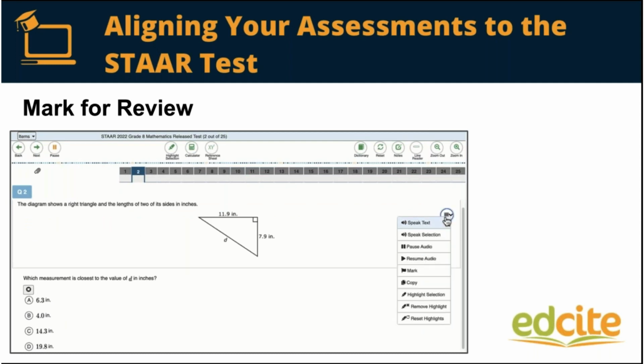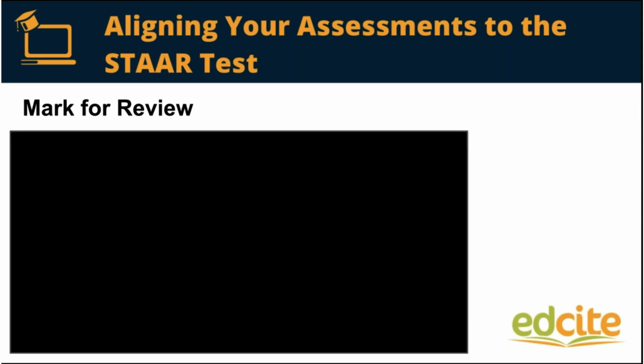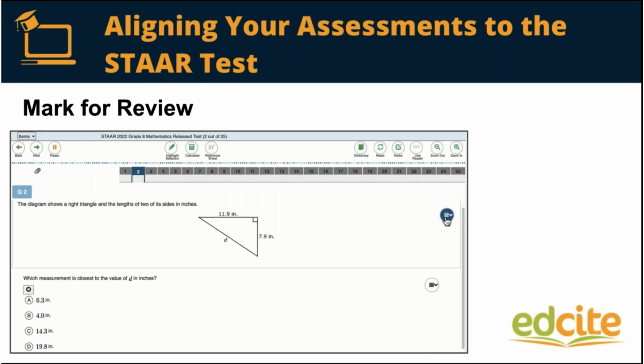Now, this is where we start to shift into more of the interface and the student experience. We talked a lot about specific tools, but it's important to also make sure students know how to navigate the general assessment. So if I want to come back to something, I can mark that question for review, and then on my review page at the end, I can see which questions I have flagged.